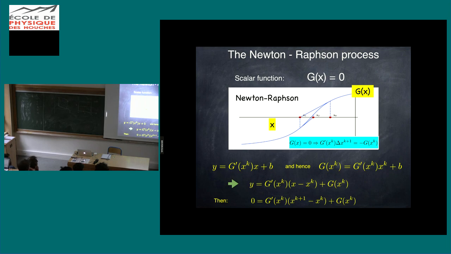You see from this picture, which is of course the nicest function you can imagine, that this converges very quickly. Actually it converges quadratically, so every time you gain double digits with one iteration step. Usually it's 3-4 iterations and you've converged. That's very nice about the Newton-Raphson process.